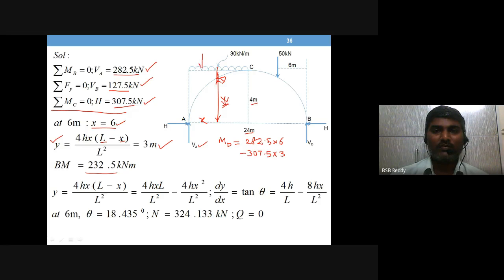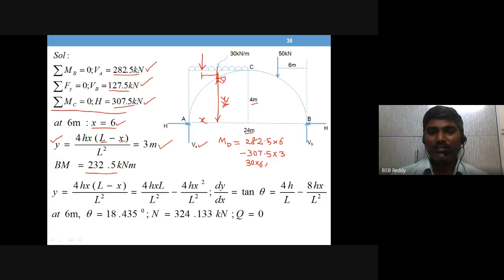What is the next load value available? UDL. So first calculate the total load from UDL. You are taking the portion to the left of D, so that load only you have to calculate. So it is 30 into 6, the total load value. What is the distance between D and the load?